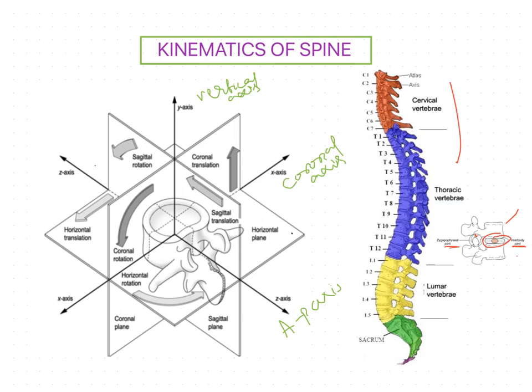The motions occurring in the vertebral column take place in three different planes. One is flexion and extension in the sagittal plane, which occurs around the coronal axis, and lateral flexion, which takes place in the coronal plane around the anteroposterior axis, whereas rotations take place in the horizontal plane around the vertical axis.